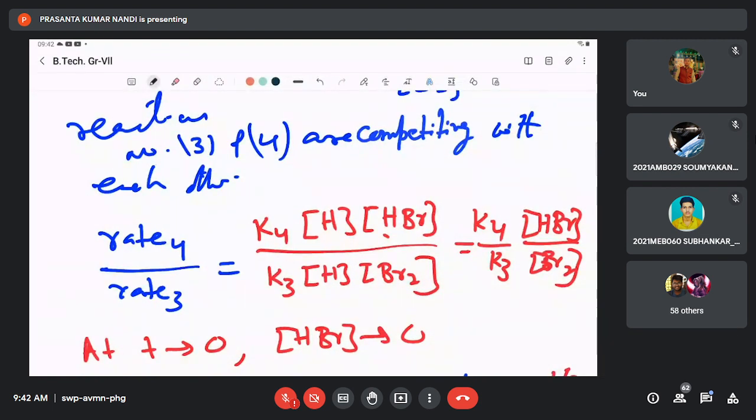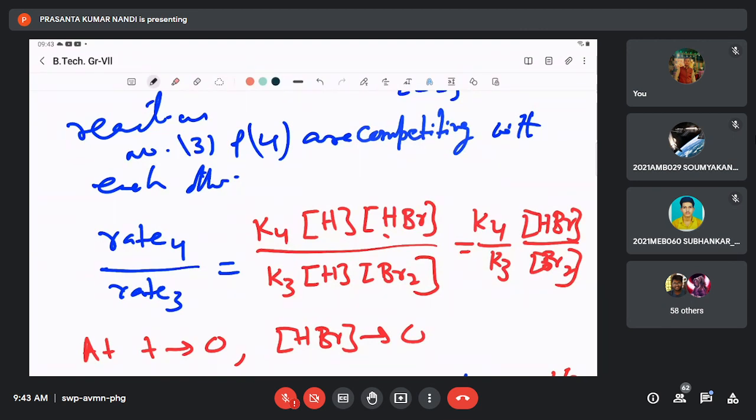Now, what is the rate expression of reaction 4? It is given by rate 4 equal to K4 [H][HBr]. And what is the rate equation for step 3?